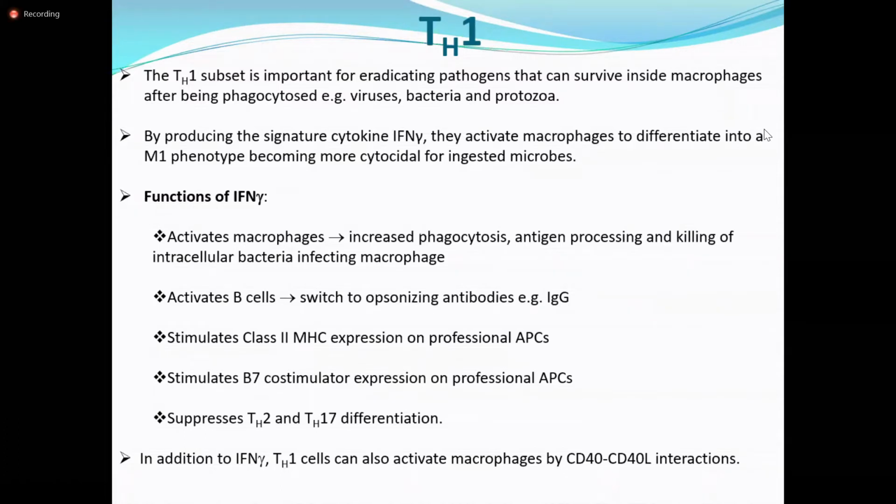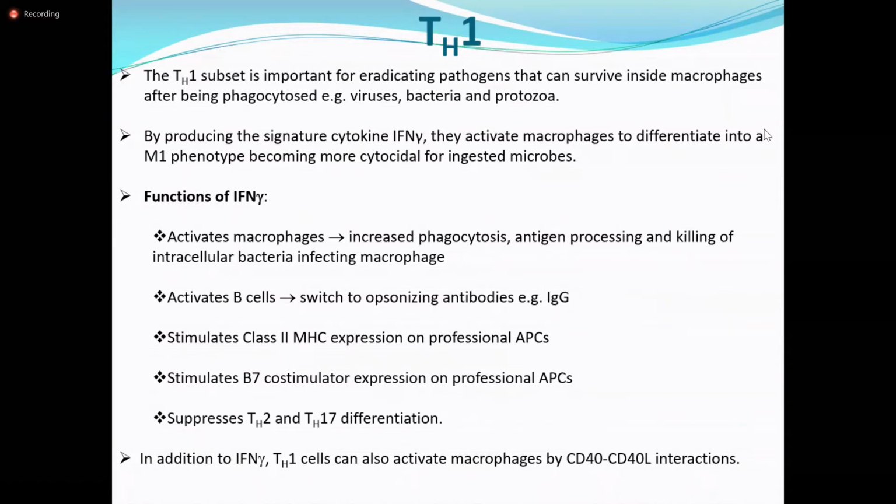The action of interferon gamma is mainly on macrophages. When macrophages respond to interferon gamma, they increase their lysosomal activity. So basically, interferon gamma helps macrophages, once they've phagocytosed microorganisms, to kill these microorganisms a lot more efficiently and faster.